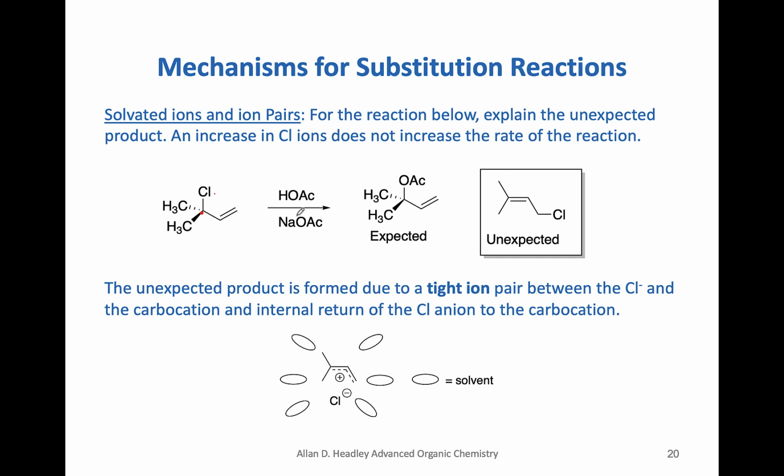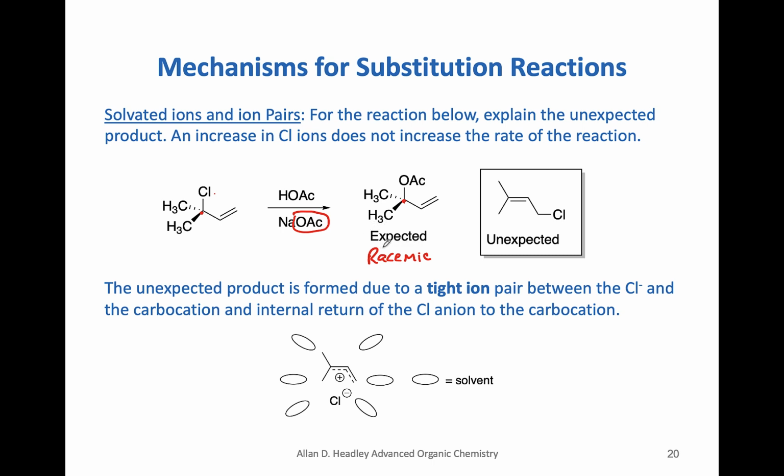So we just added some more acetate anion here. We'd expect that to be the nucleophile. So we would expect here substitution. Of course, this would be racemic and not just one stereoisomer, because it can come in from either side based on the formation of a carbocation.